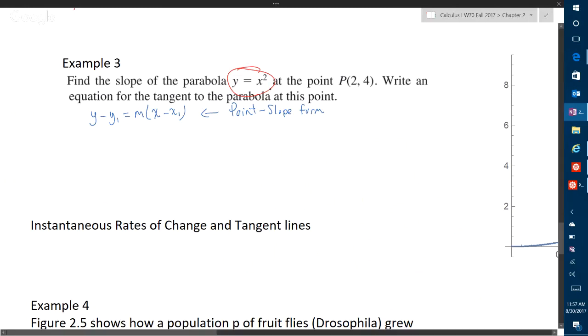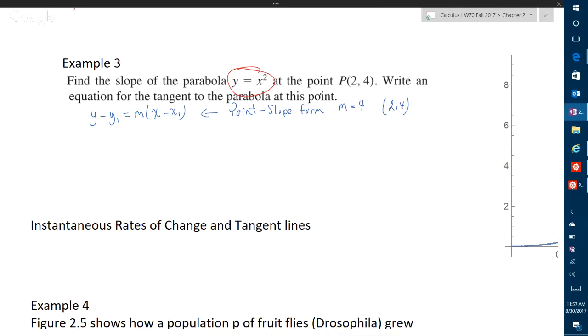We've already established that our slope m is 4, and the point on the line that we're going to use is 2, 4. Substitute this information into the point slope form and tell me what the equation of the line is going to be. I'll give you guys a minute to do that. You should be able to do it.